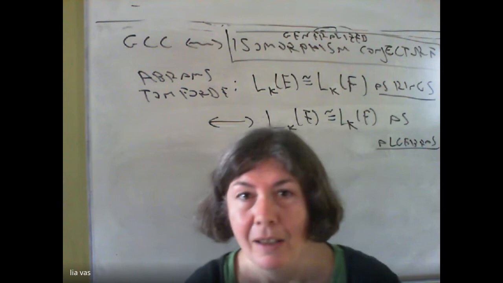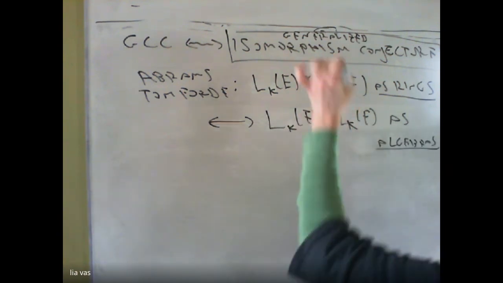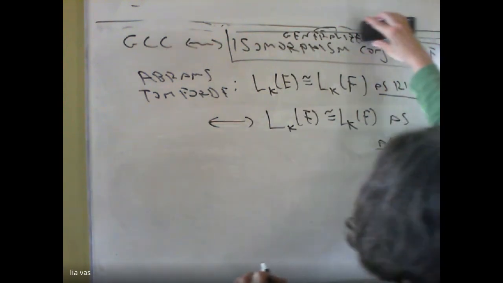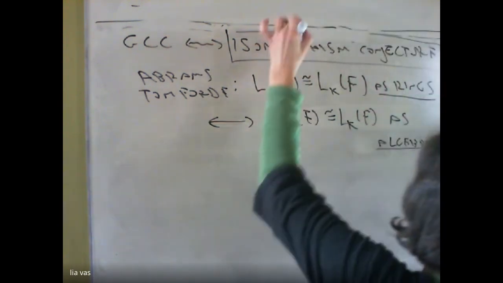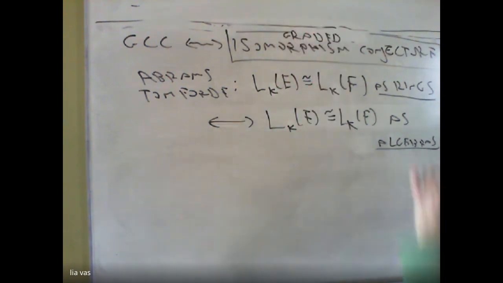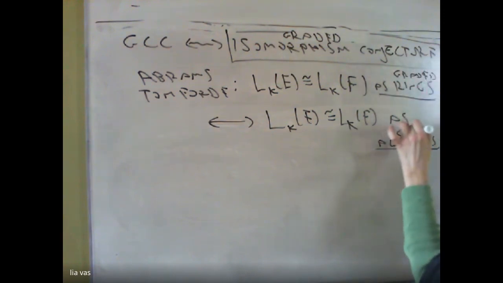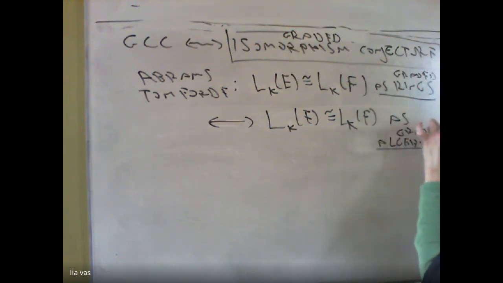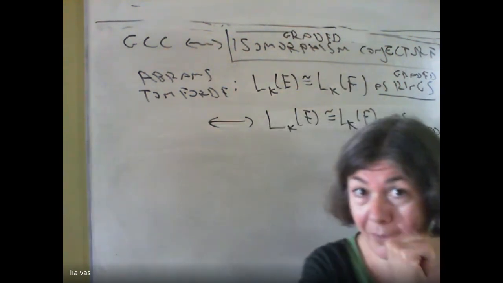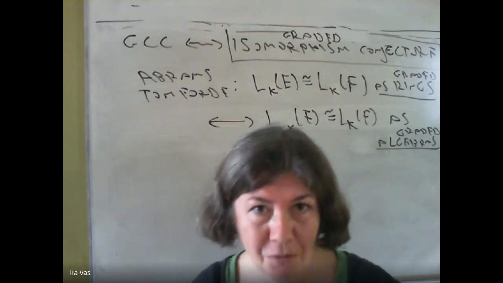And finally, if you are into grading, then you can have the graded isomorphism conjecture, where you just add graded here and graded there. And that would be the one that follows from the graded classification conjecture.